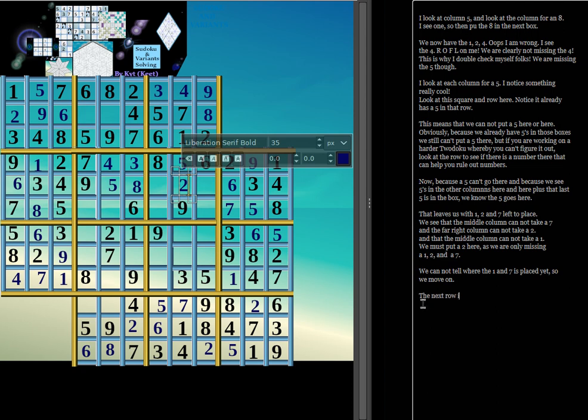The next row is missing a 1, a 2 in the first box, we see a 2 here, so we know we must put a 2 here and a 1 here.